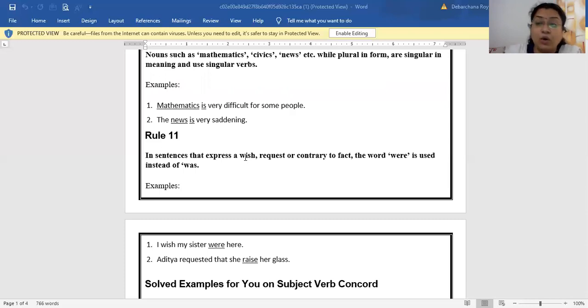If there is something like a wish, request, contrary to fact in the sentence, what do we use? Were. Instead of what? Instead of was. So it is a small rule. I wish my sister were here. Aditya requested that she raise her glass.